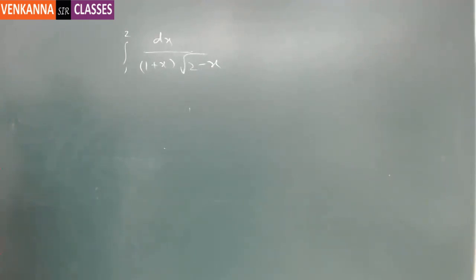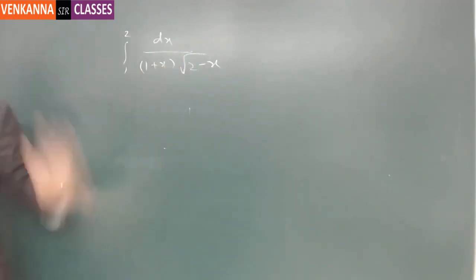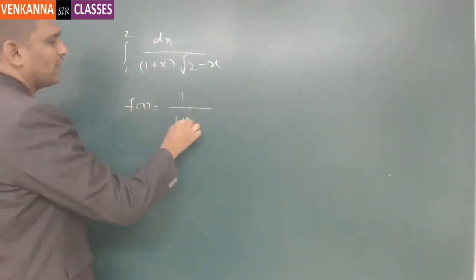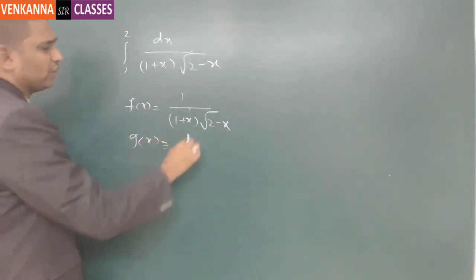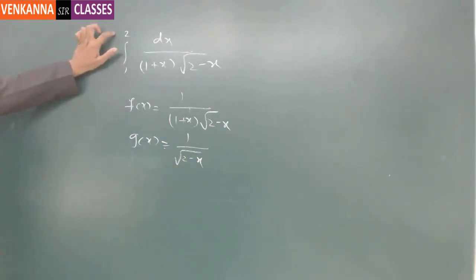Right. So in the interval 1 to 2, which point is giving the infinite discontinuity? 2. So the function here is root of (2 minus x). That function we should take as g. So we have f of x equal to 1 by (1 plus x) into root of (2 minus x). You take g of x equal to 1 by root of (2 minus x), and 2 is the point of infinite discontinuity.